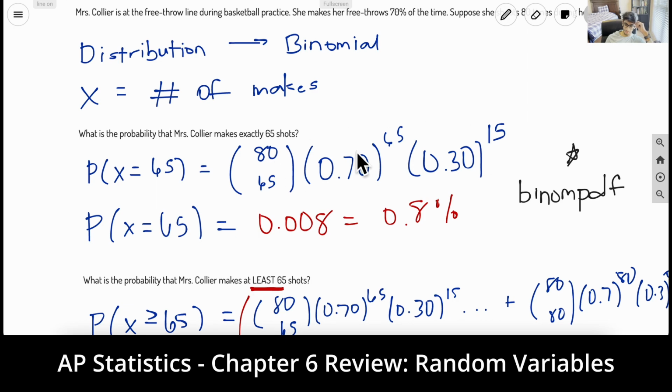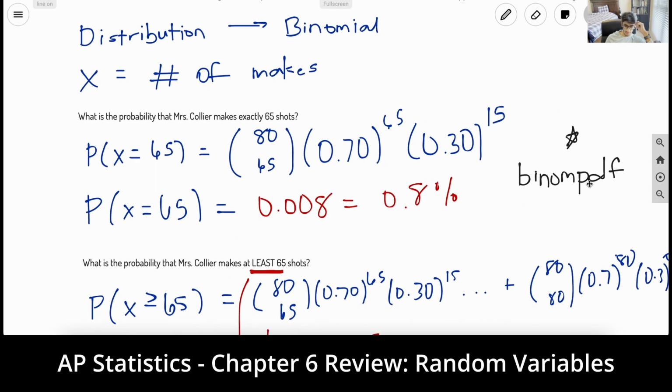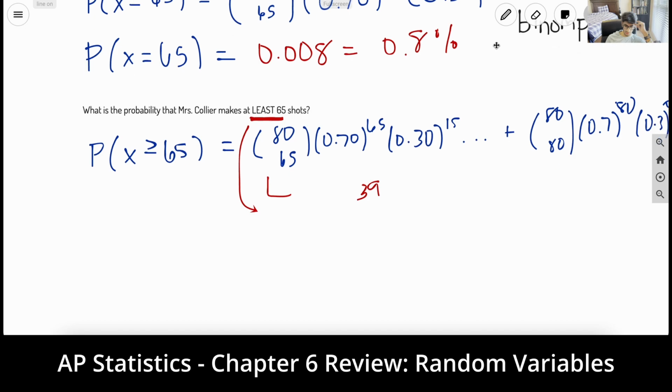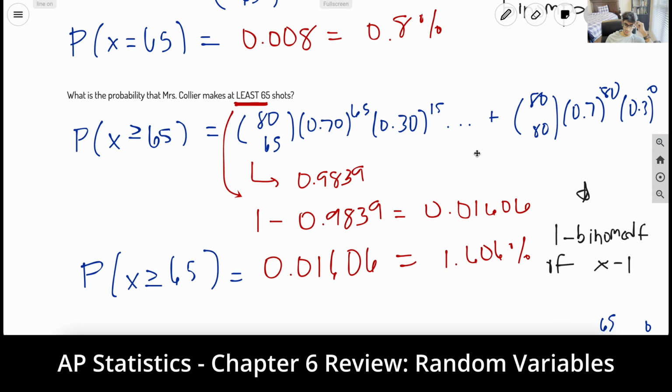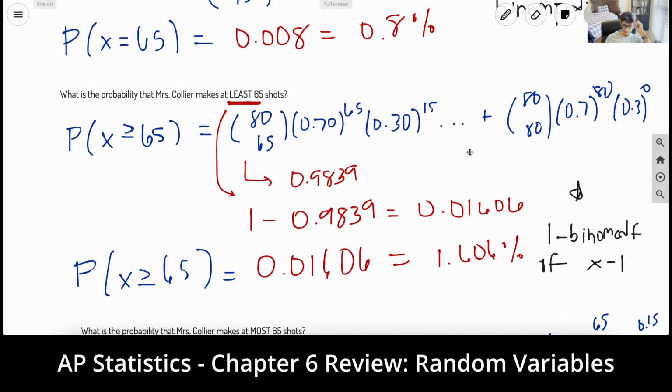Then the next problem: what is the probability that Miss Collier makes at least 65 shots? The key word here is at least. If it's at least, you do everything the same, but you have to add on more until you get to 80, because at least means 65 and greater.